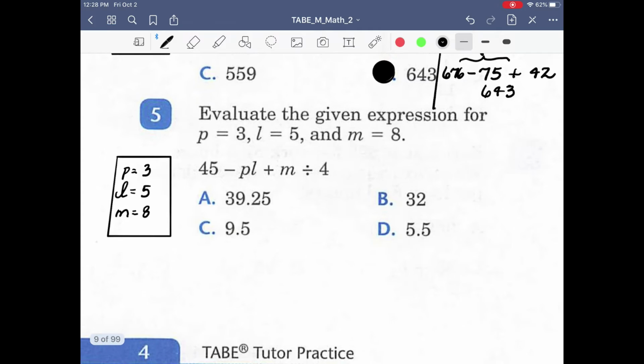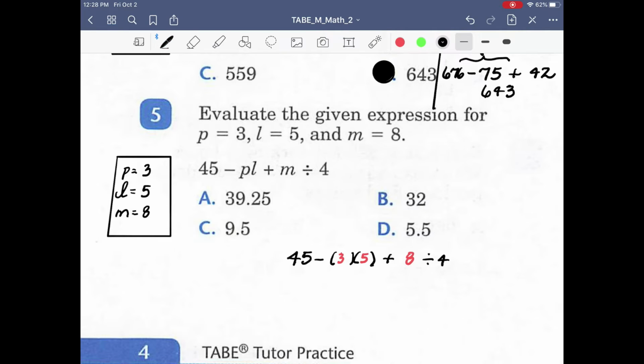And the expression is 45 minus P times L plus M divided by 4. So 45 minus P times L plus M divided by 4.